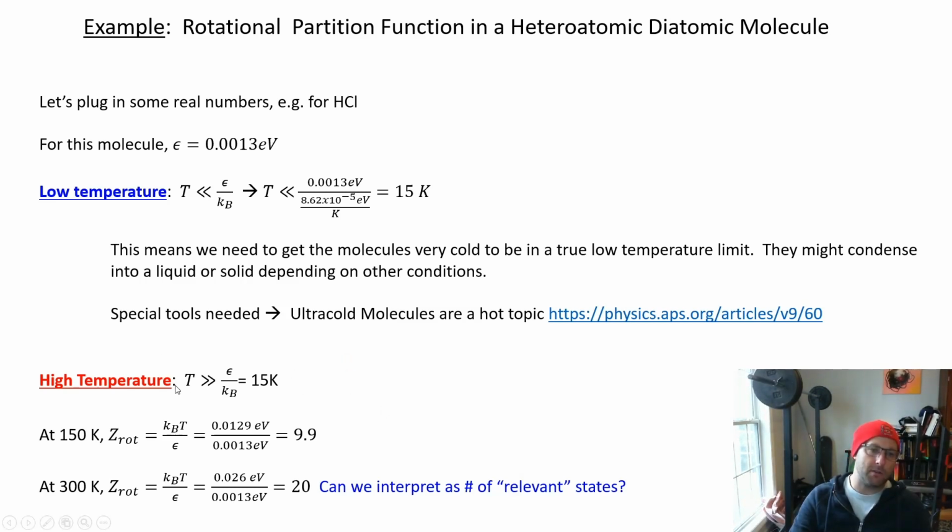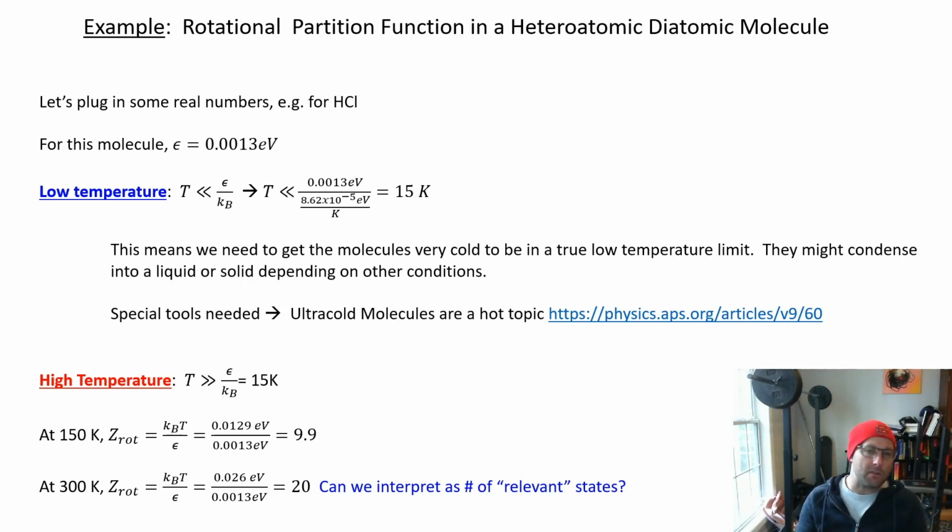For high temperature, let's just say T is much greater than that energy scale, which is 15 Kelvin, and let's plug in some numbers to see when that starts to make sense. If we use the high temperature approximation, at 150 Kelvin, the rotational partition function is almost 10. So roughly speaking, that means there are about 10 relevant states in the partition function sum.